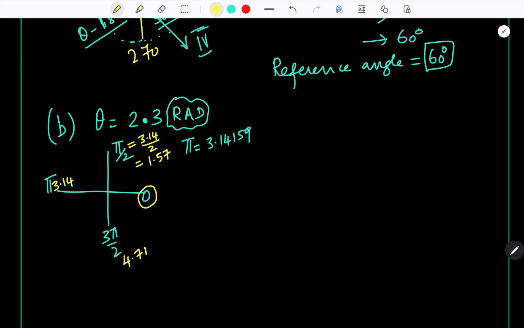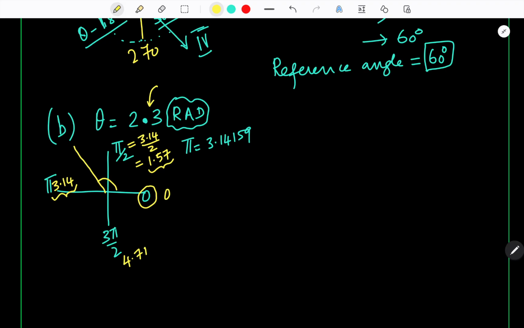And then 2 pi, 2 multiplied by 3.14, you will get 6.28, approximately we are doing. Now this is 1.57, this is 3.14. What is your question? 2.3. Where is 2.3? This is your 0. So 2.3 is exactly in quadrant 2. Understand? Any question?